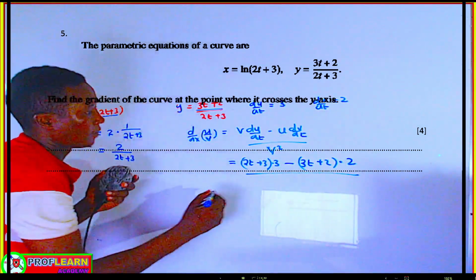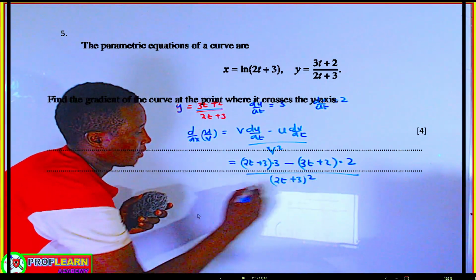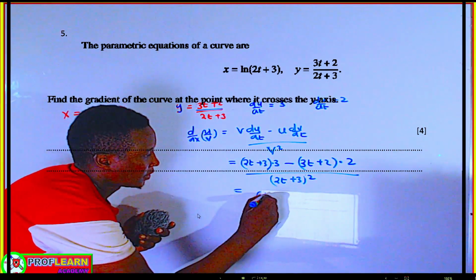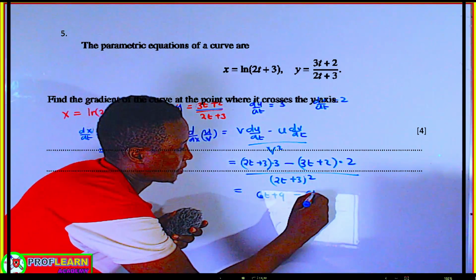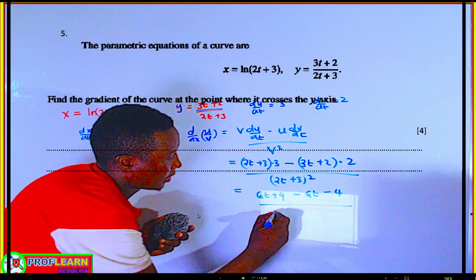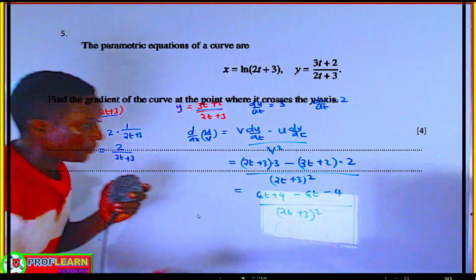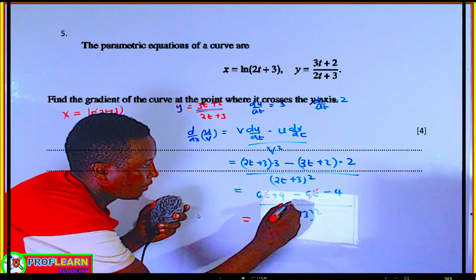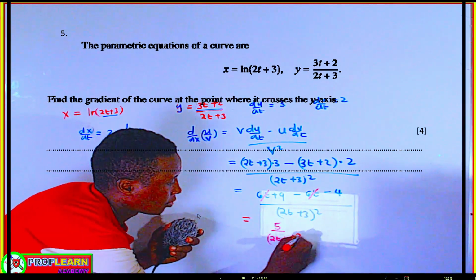Then divide by (2t plus 3) squared, and that's going to be equal to 6t plus 9 minus 6t minus 4 over (2t plus 3) squared. And you can see this will cancel out, and I'm going to remain with 5 over (2t plus 3) squared.